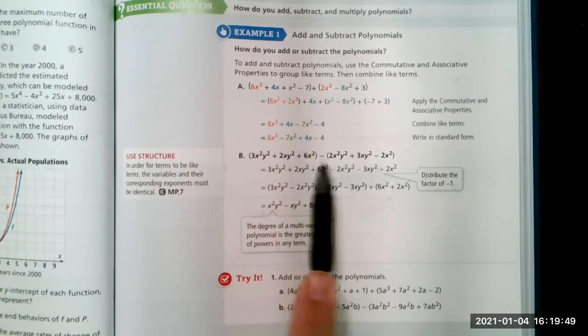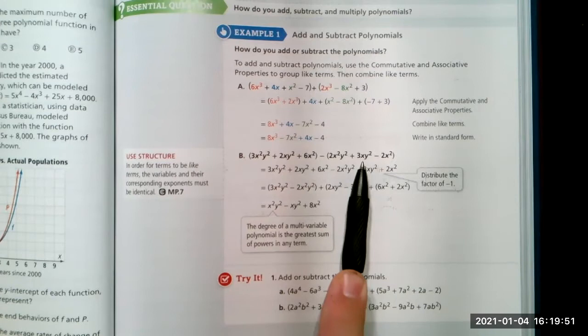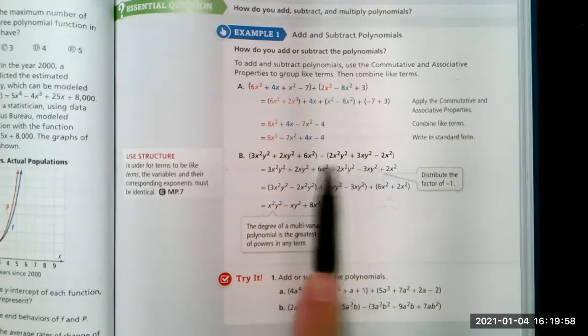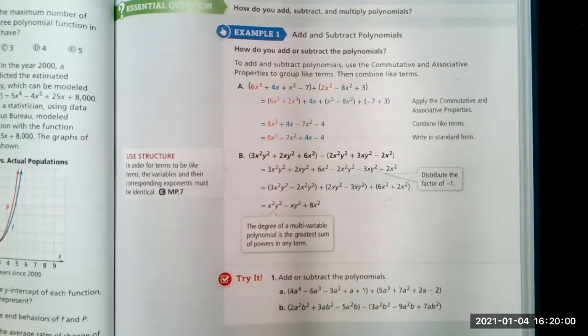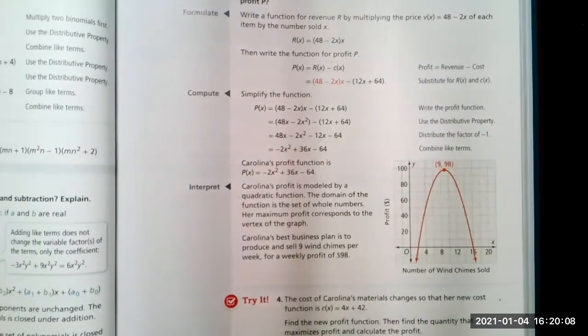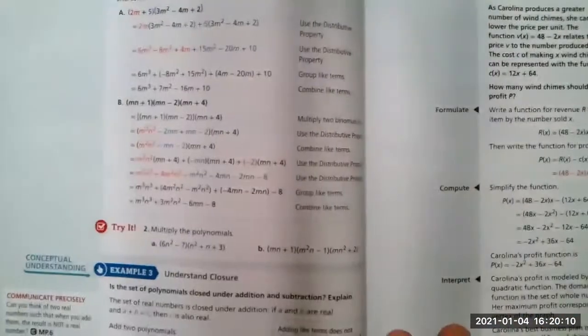You're subtracting 3xy squared. You're subtracting negative 2x squared. Be careful with that. Make sure that you're subtracting all of these things because your signs could get mixed up and then you're not going to have the correct polynomial at the end. Hopefully you're saying to yourself, that makes a lot of sense. We've been doing that for years, right?